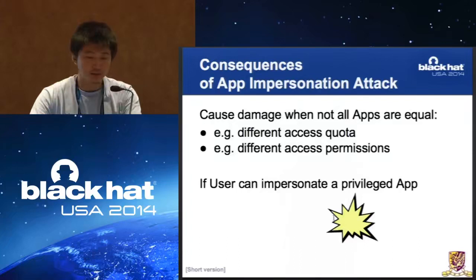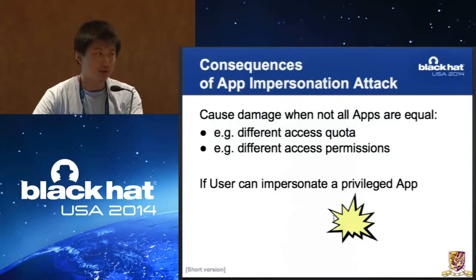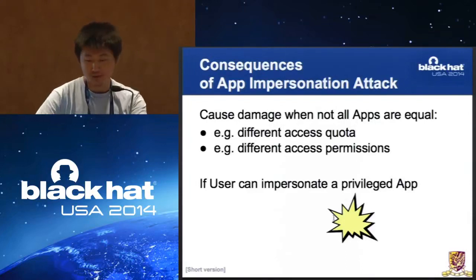Usually, it does not matter too much. But in some scenarios, when not all apps are born equal, it can make a difference. For example, different apps may have different access quotas, or different apps may have different access permissions. If a user can impersonate some privileged app, this will become worse. Later I will show you a surprising thing: that some apps have some superpower.